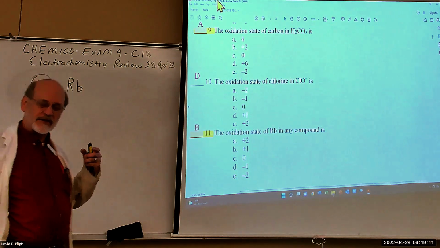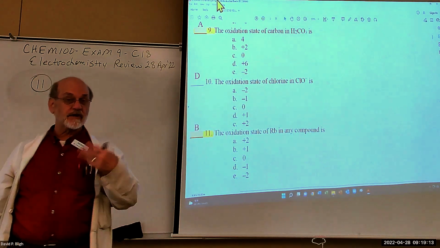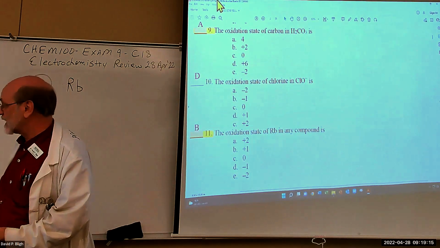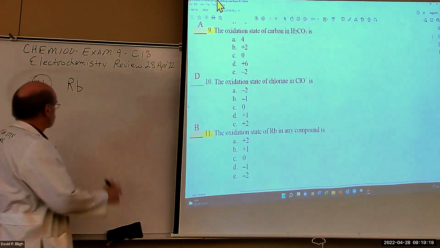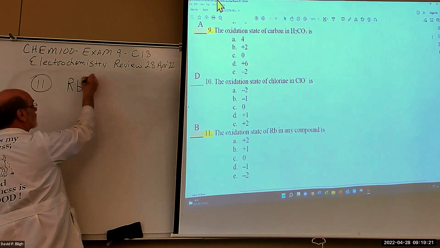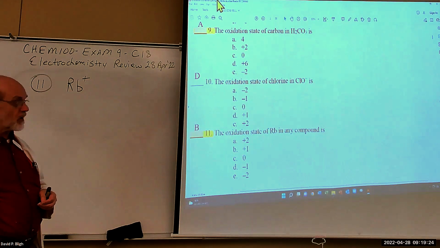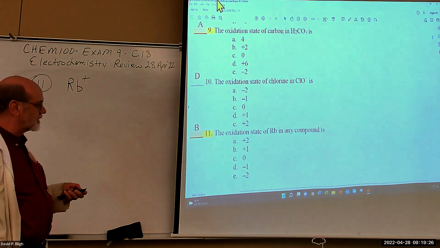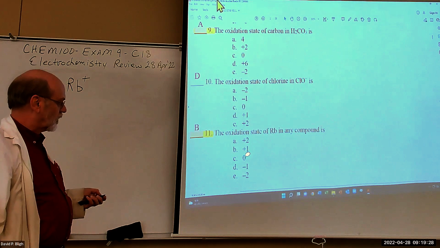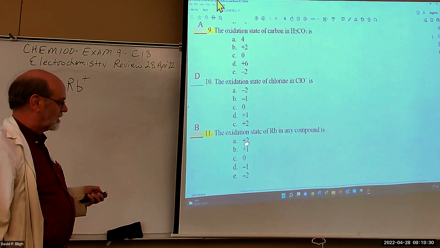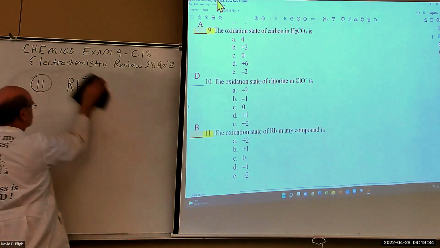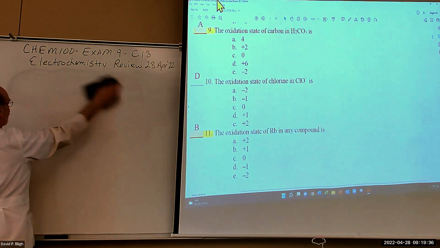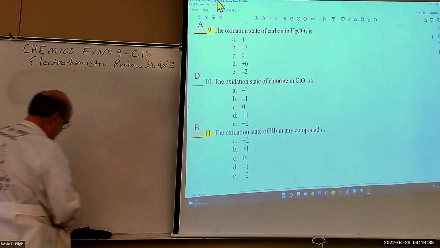So that means you have to say what group is it in and what's its likely charge. Rubidium is an alkali metal, which means in a compound, it's going to be a +1 charge. So its oxidation state will be +1 in a compound. All right.